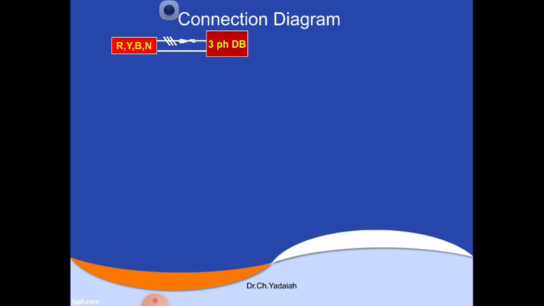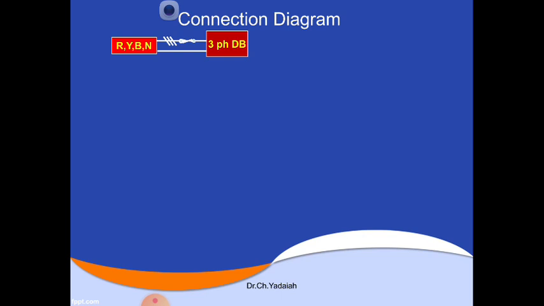RYBN is the 3-phase supply: R phase, Y phase, B phase and neutral. As we know, R phase, Y phase and B phase have line voltages, each of 440 volts and 50 Hz frequency, and neutral is the common.